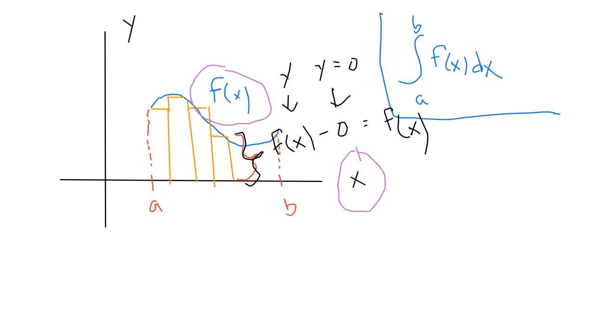So all the heights of the rectangles were given by the function f of x. But you could think of the height as the difference of the top minus the bottom, and that difference is f of x minus 0. Okay.